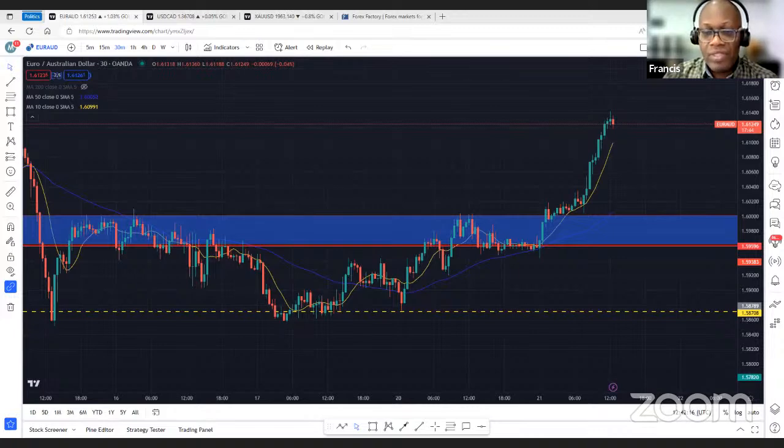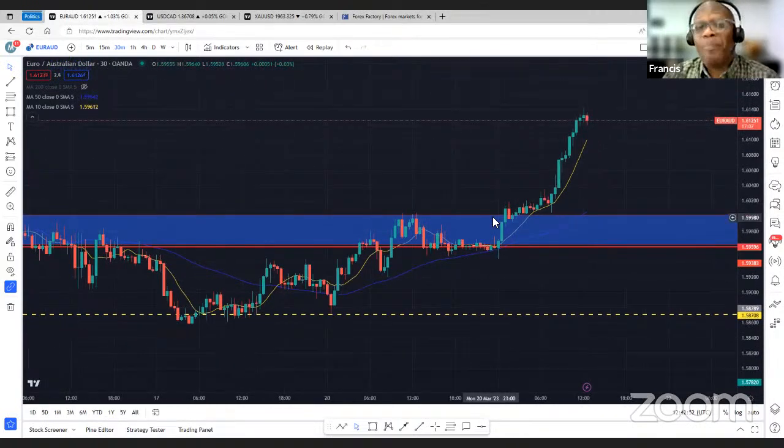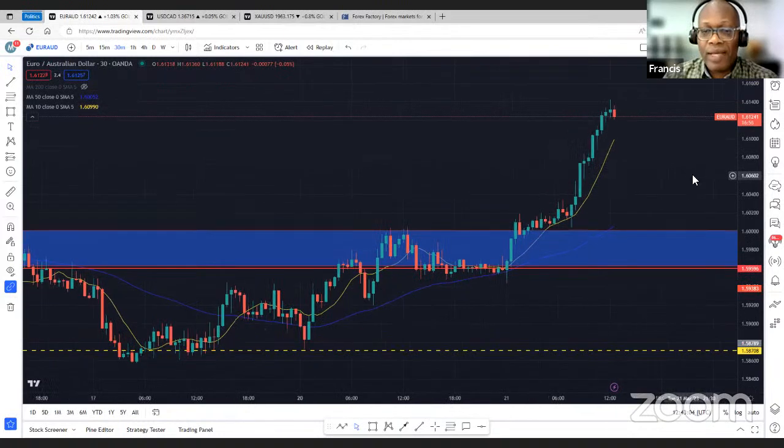Okay, so we've looked at this one now. Let's now go to another pair. Like I say, when the price pushes in one direction, either to the upside or downside, you want to wait for either a pause before you get in, otherwise a proper pullback.